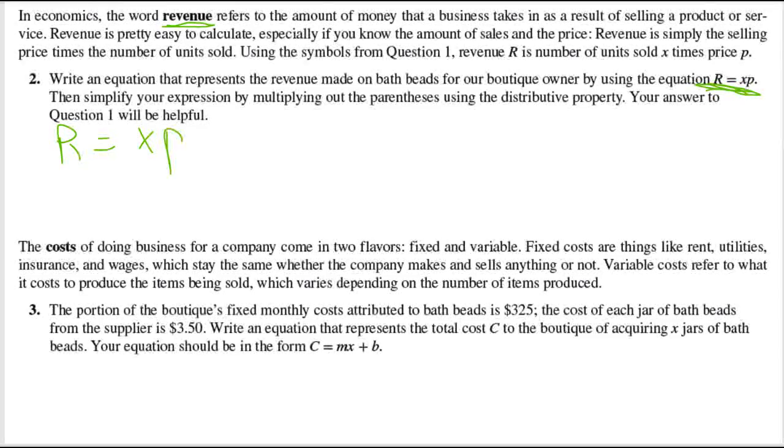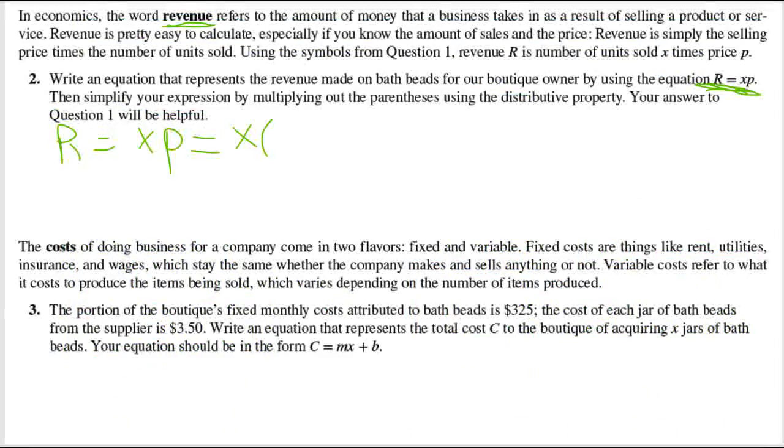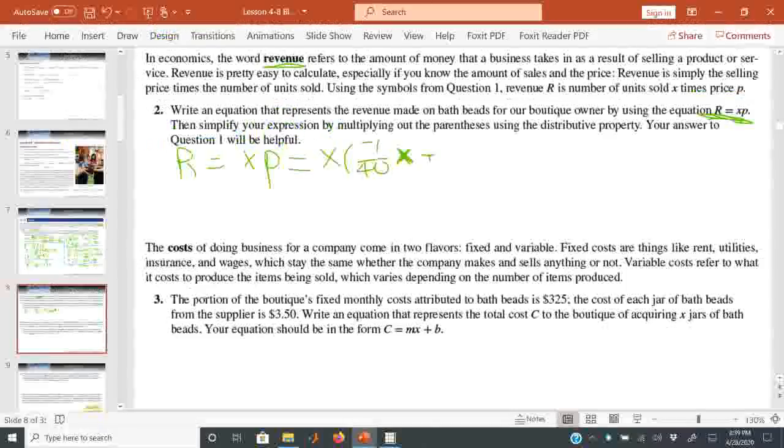R equals x times p. So what we have to do is substitute in our equation from question 1. We know we can calculate p based on x using that equation. So the first thing I'm going to do is calculate p by doing negative 1 over 40 times x plus 22.